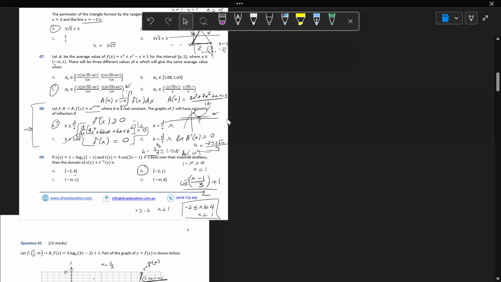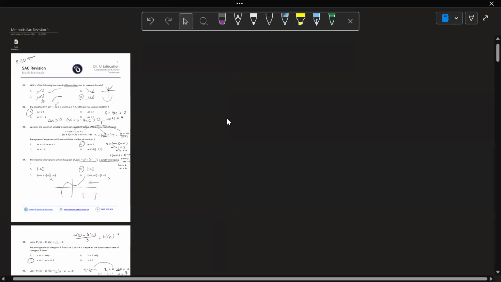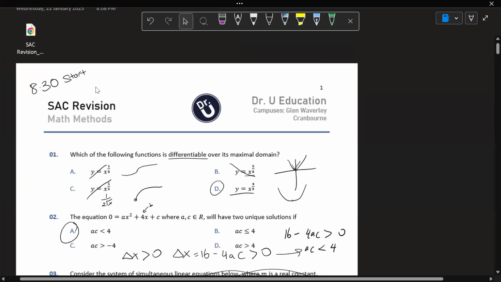With question 1 MCQ, isn't it the graph with no endpoint? Yes, but of all of the graphs, only C has an endpoint. The other ones all don't have endpoints.